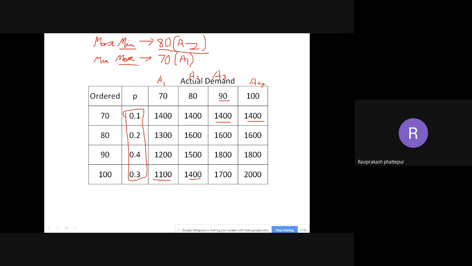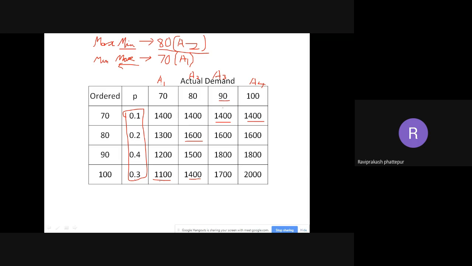Similarly for minimax, what do we need to do? We need to go from left to right. Again, we find the maximum value, and out of the maximum values, we find the minimum. For A1 the maximum is 1400, so 1400 into 0.1 will be the maximum. Next, in this case I'm having 1600, so 1600 into 0.2.